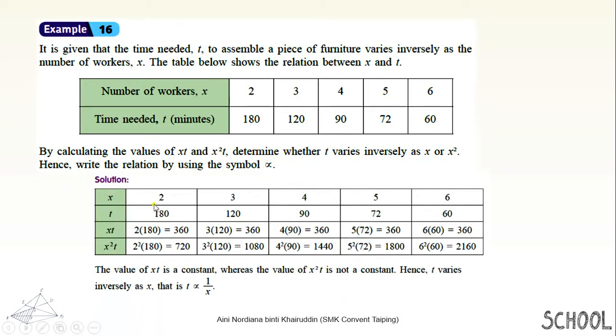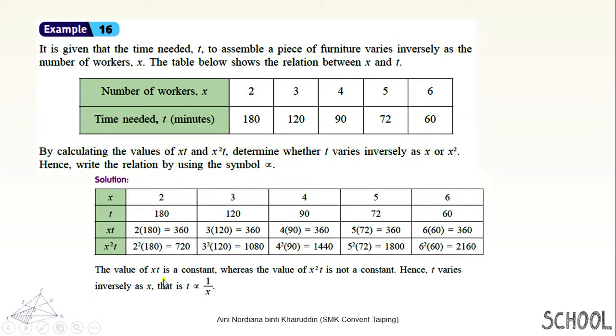So this is the value of x for the first row. For the second row, this is the value of t, same as this table. And xt is actually the k. As you can see, the values of xt are all the same, but for x squared t, the values are not the same.